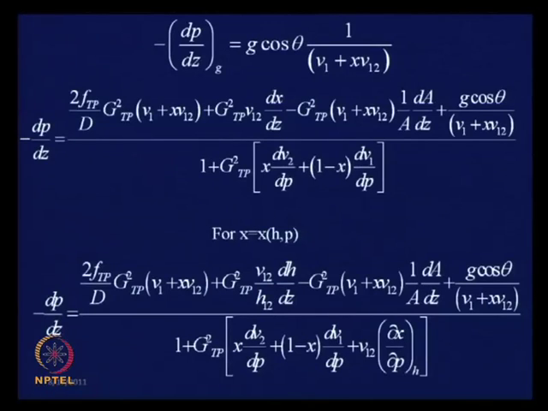And I had also mentioned that for significant flashing, we found that we cannot straight away write that quality is a function of axial distance.